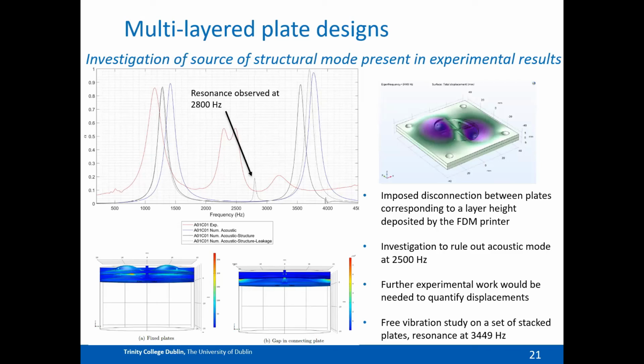So it was mainly to rule out the existence of an acoustic mode at 2500. And so the plates were printed as two separate components stacked together. There was just one trial done with using a spring, but the displacements that would occur would be quite small. So that's the rationale behind imposing a leakage, which corresponded to the layer height of material.